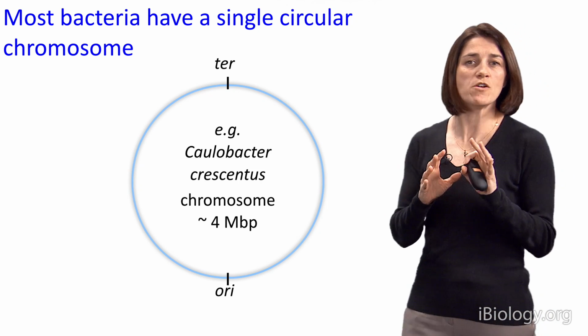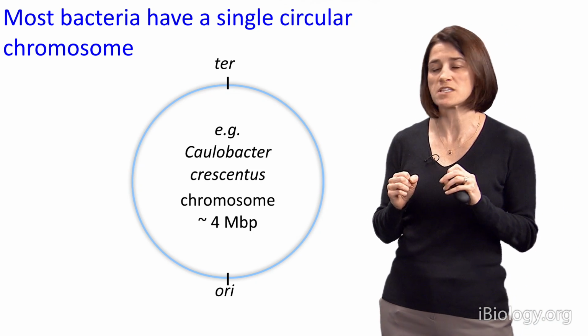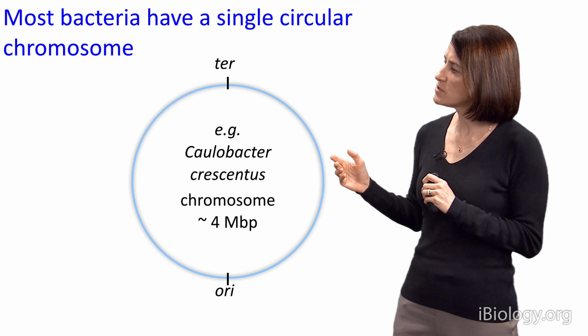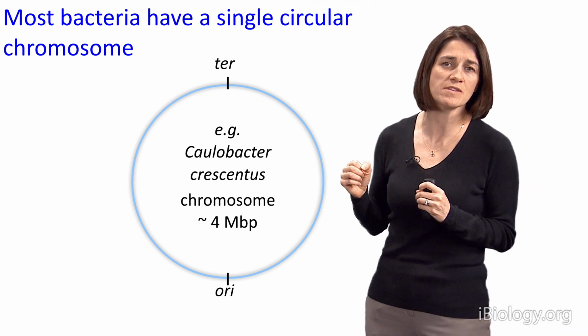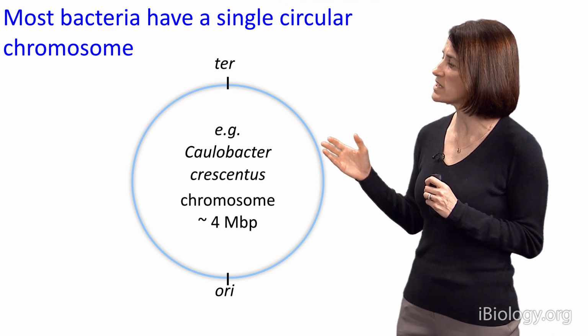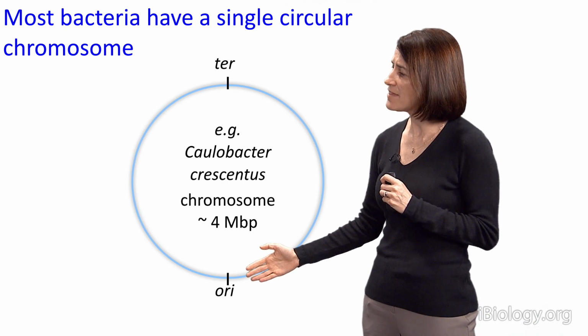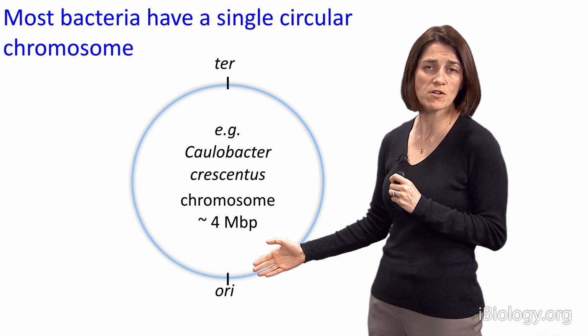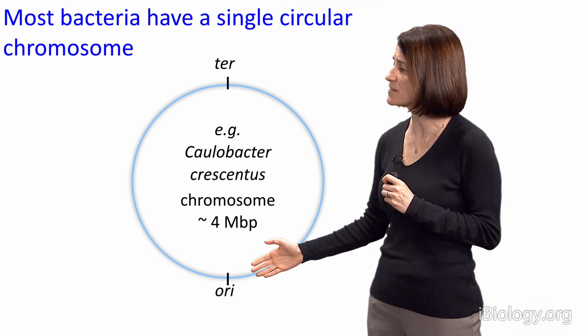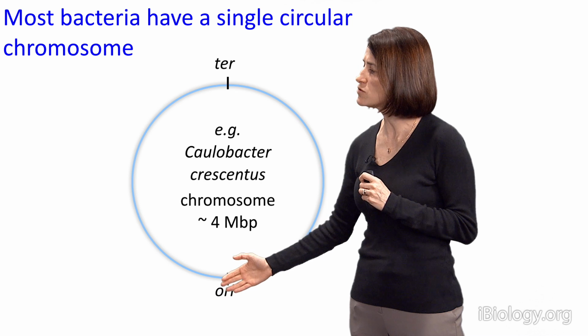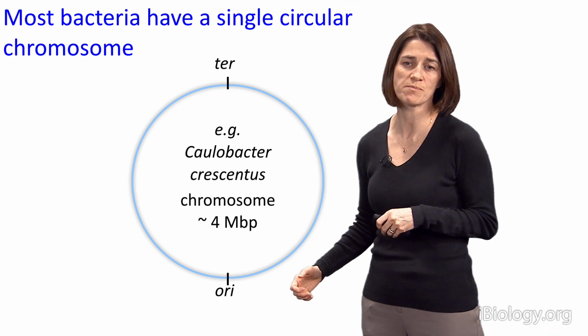So since we are looking at this in Caulobacter crescentus, I just want to remind you that Caulobacter is basically a typical bacterium in the sense that it has one circular chromosome, it has an origin of replication here, and the parS sequence in Caulobacter, just as in many bacteria, is located close to the origin of replication.